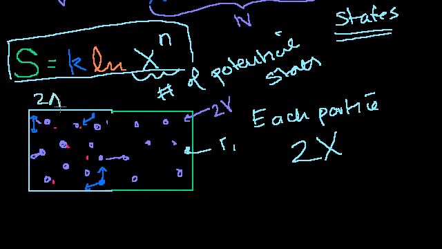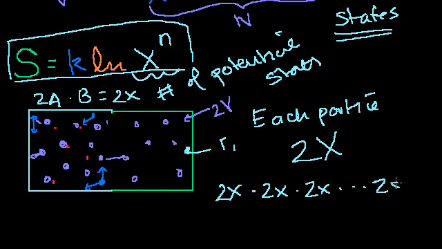So I have 2A positions in volume I can be at, but my momentum states are still just B momentum states. So this is equal to 2x. I now can be in 2x different states just because I have 2 times the volume to travel around in, right? So how many states are there for the system? Well, each particle can be in 2x states. So it's 2x times 2x times 2x. And I'm going to do that n times.